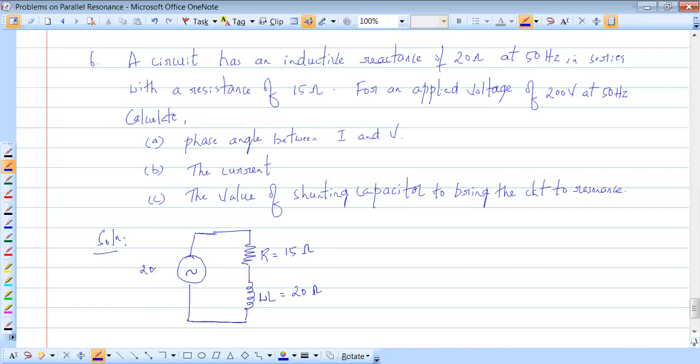It's 200 volt, 50 hertz supply. Everybody understand this? Now, what is the first question? Phase angle between I and V, they are saying. So how to find out the I now? Anybody? How to find out I there?